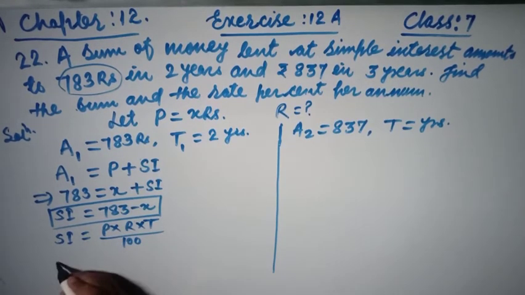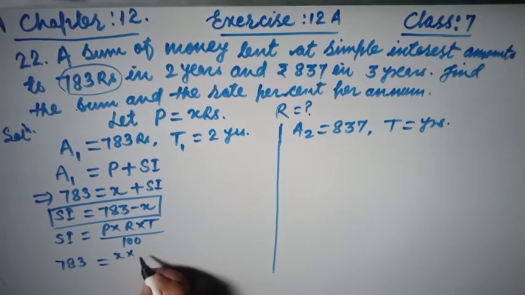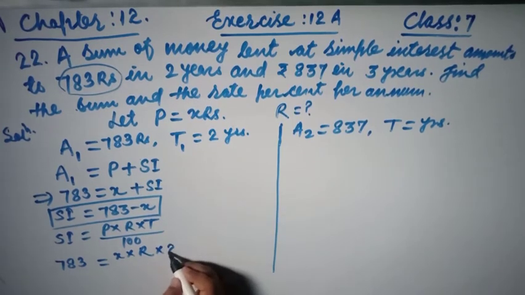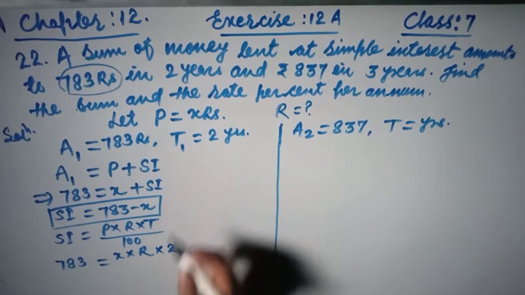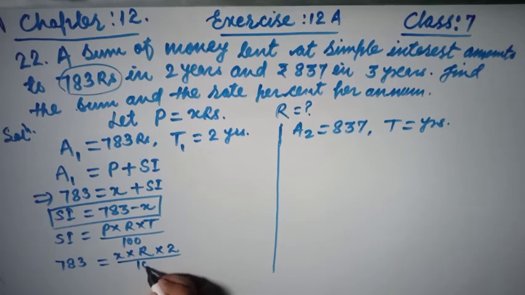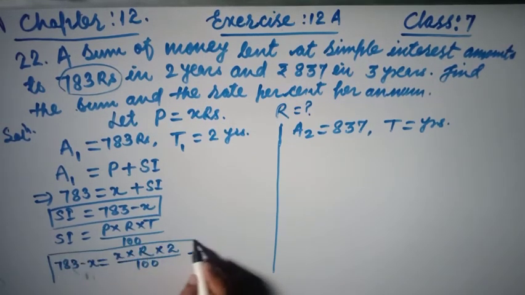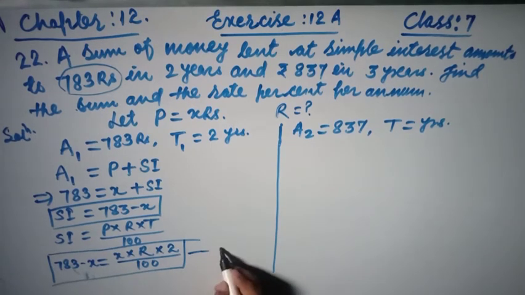So SI is given as 783 minus x is equal to P, which is x, R that we have to find, multiplied by T, friends, 2 years, or we can apply T1, divided by 100. Sorry friends, SI is equal to 783 minus x. This is the first equation. Okay, now say this is first.